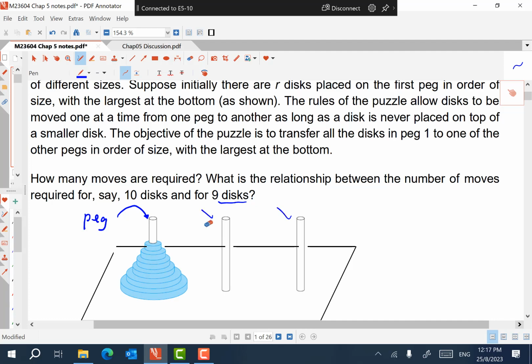And as you move them from one peg to the other, you must move in such a way that at all times the smaller one must be on top of the bigger disc. At no instance can you have a bigger disc on top of the smaller one in any of the pegs. This is the rule of the game.